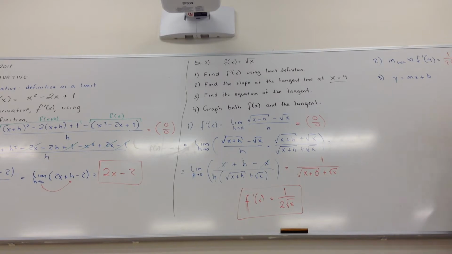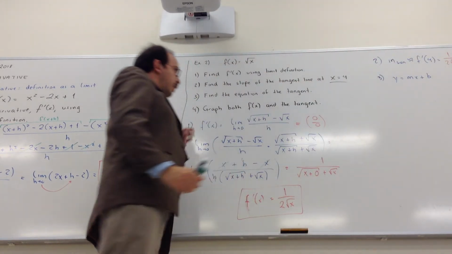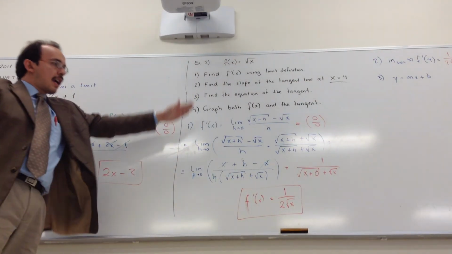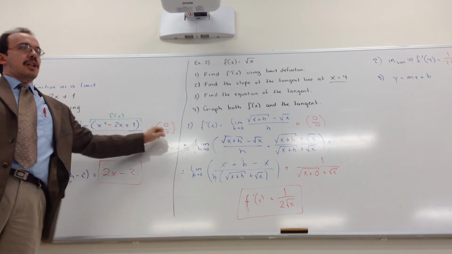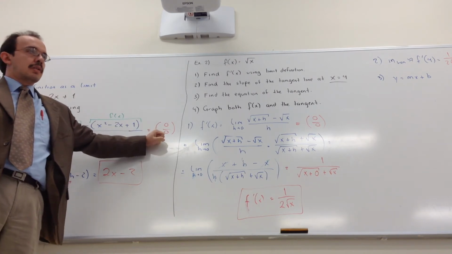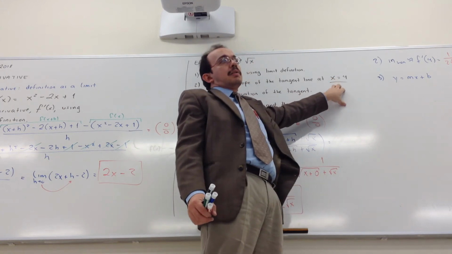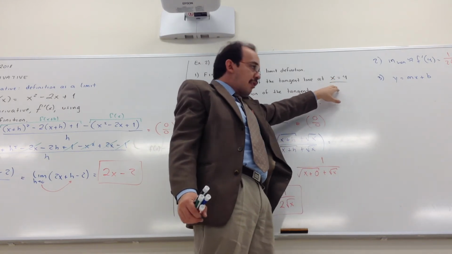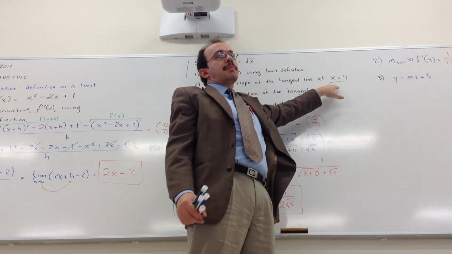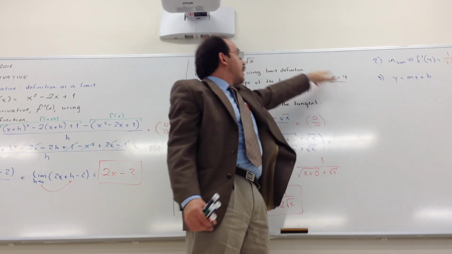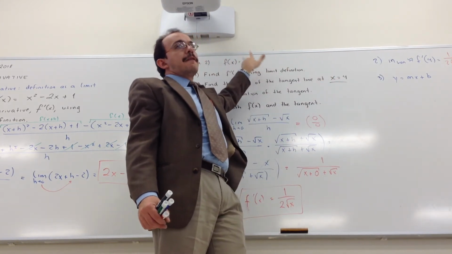Listen. Remember that I told you in the explanation that the graph and the tangent line share a point, the tangency point. Okay? In this case, I'm giving you the x-coordinate of that tangency point. So how do I find the y of that tangency point? Putting this value in my original function.